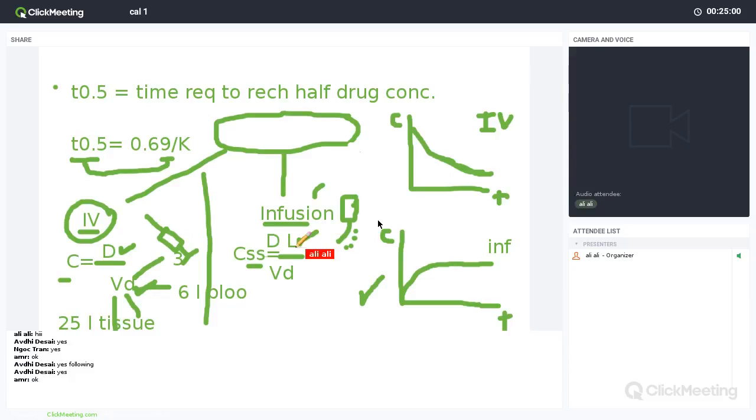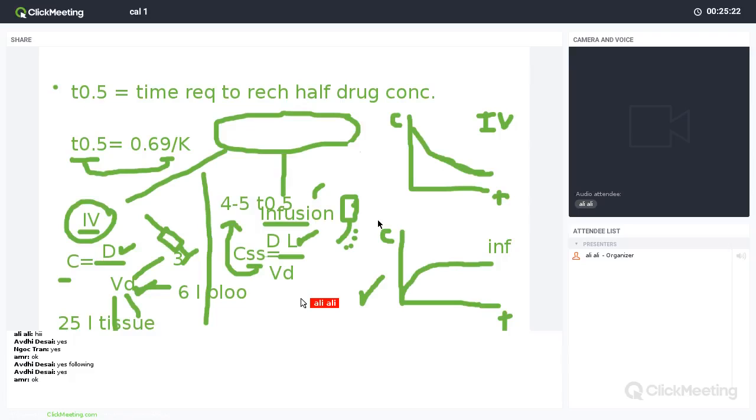Okay, so what is the time required to reach steady state? Exam question, you will always find it in the recalls. It is from 4 to 5 half-lives.